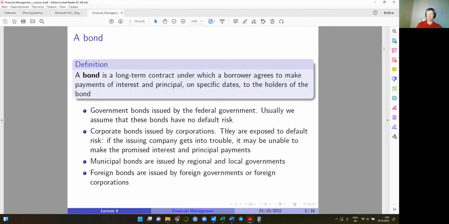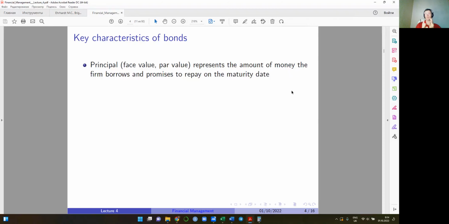This principal represents the amount of money the firm or government borrows and promises to repay on the maturity date. This is the main amount of obligation. This is what the firm or government borrows and you lend to this party.